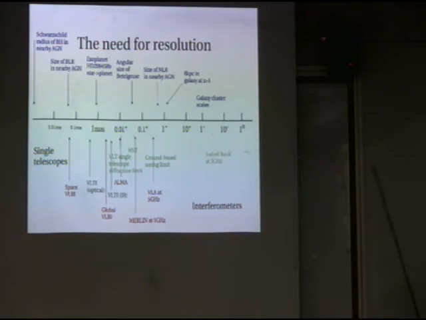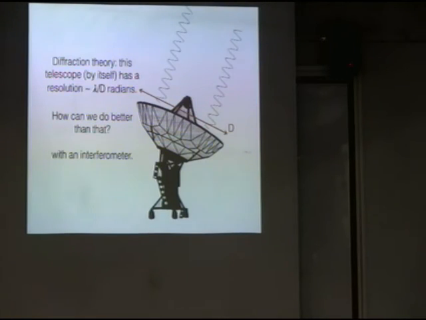So actually, we jumped from the case in which radio was the worst case to study small objects, because we were limited by the size of the antenna and because the wavelength is larger. Because the resolution is proportional to lambda over D, the larger the wavelength, the worse resolution you get.